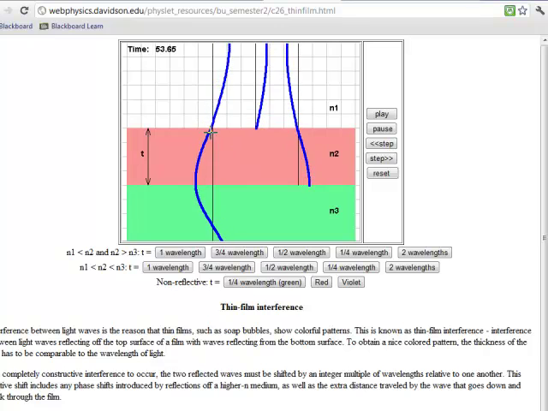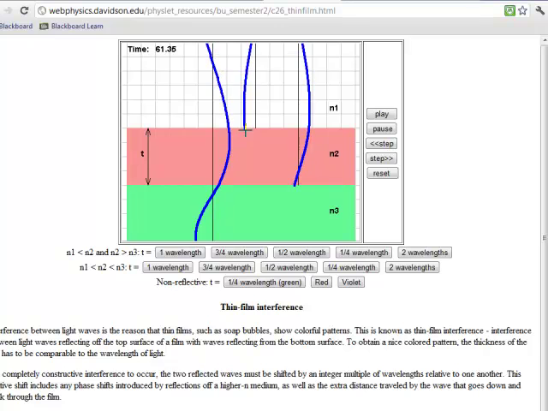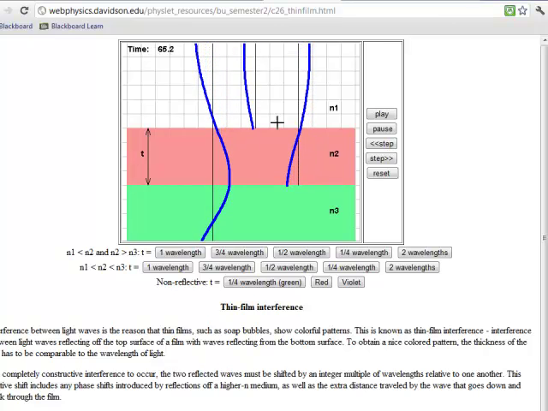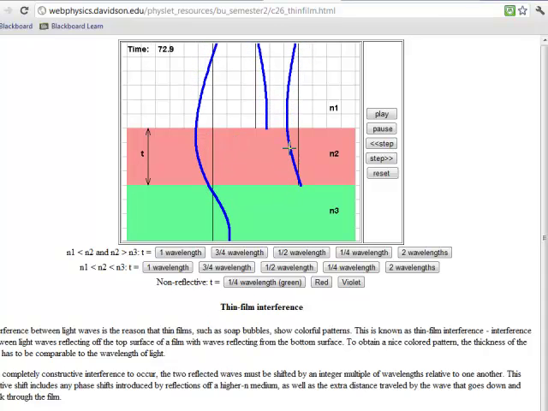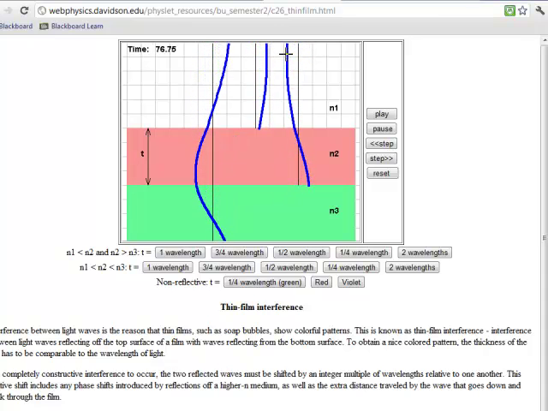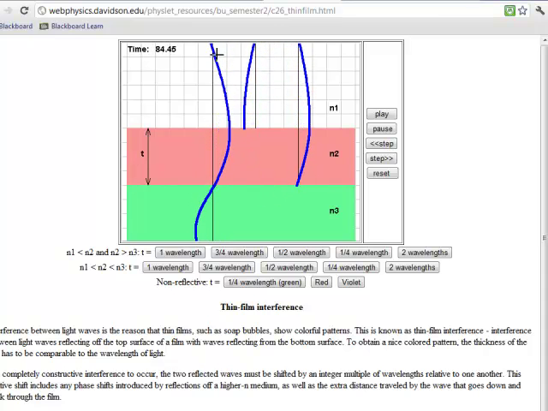And I think I forgot to mention it, but perhaps you have seen this here, that this is the incident light wave. This one is the reflected one on the top surface, and this one here is the formerly refracted one and then reflected at the bottom surface coming out. Another thing that you can see is that the wavelength changes.